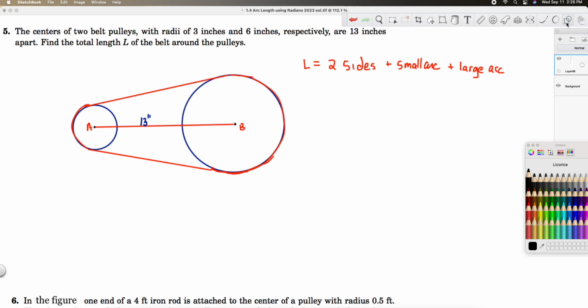Okay, so let's draw these radii. Now, this segment is touching the circle right at one point. If we extended this line, it would just touch that circle at one point and that circle at one point, right? But I'm not interested in the whole line, I'm just interested in the segment.